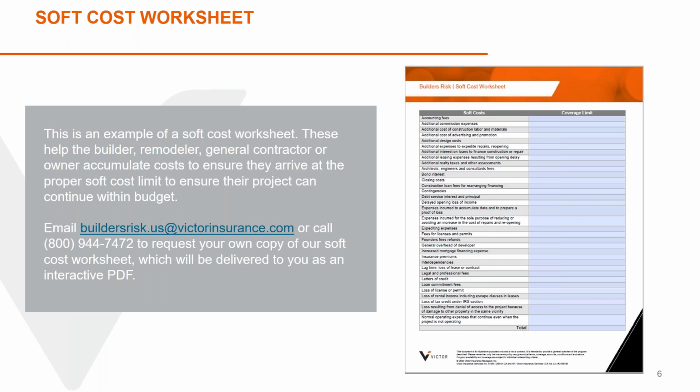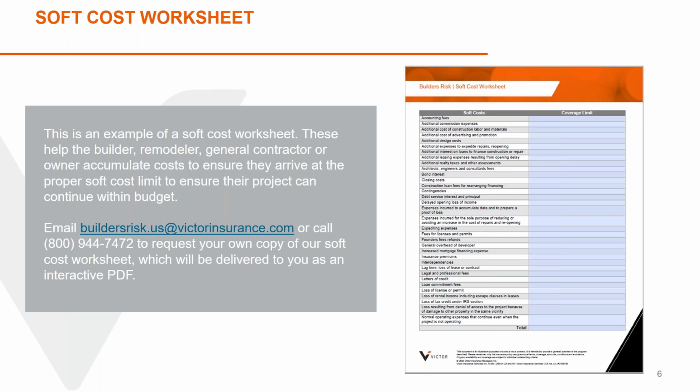Another little tip, and the confusion that arises a lot of times for agents is they confuse soft cost with loss of rents, loss of income, and other types of time element coverages that you can get on builder's risk. That's a different animal, okay? It's a little confusing because, for example, AAIS on their delay in completion form has different coverage sections, one of those sections being soft cost.